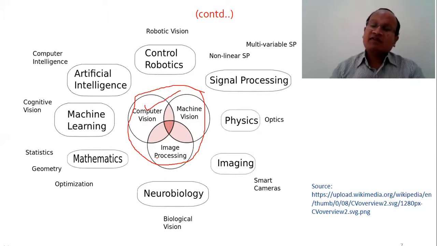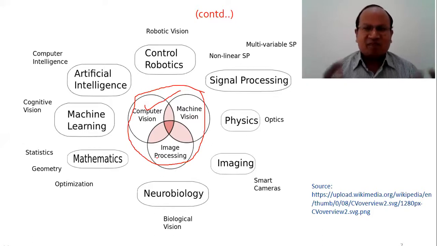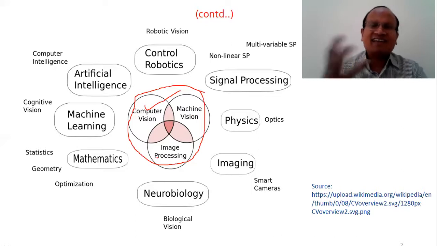In fact, when we talk about computer, something which comes to our mind is machine only. So machine vision is computer vision actually. But machine vision, image processing, and computer vision are a combination. Or we can also say that all three are interrelated: machine vision, image processing, and computer vision.